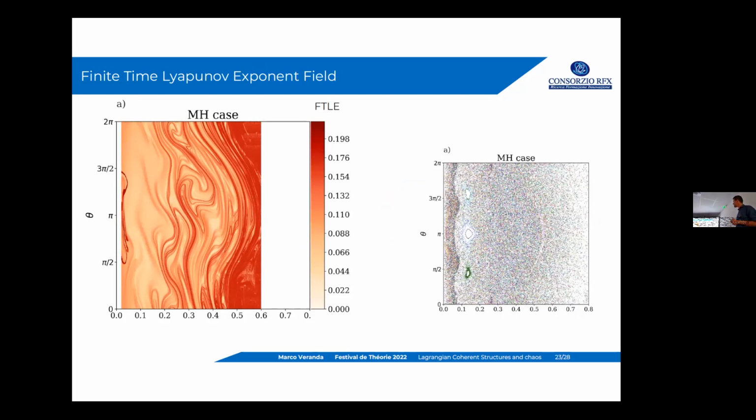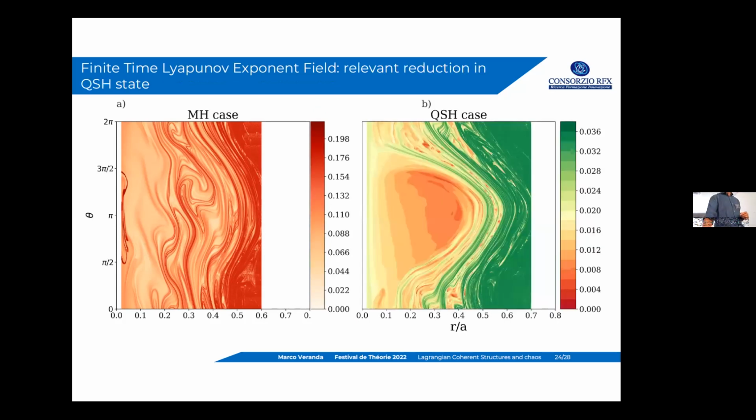And these are very interesting because you can see here, for example, these lobes, this structure that is reminiscent of the homoclinic tangle. For those of you who know, the homoclinic tangle is what happens when you slightly perturb a pendulum, for example, you get that particular picture that was imagined for the first time by Henri Poincaré, and it seems to be the same feature in the region where the magnetic field is stochastic. I show you the same picture for the QSH state.